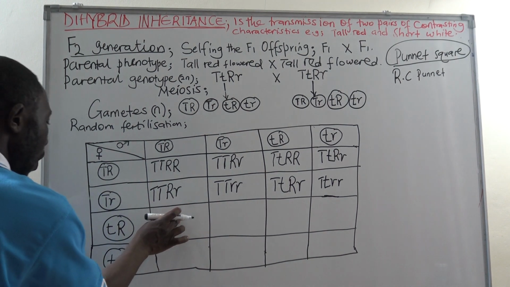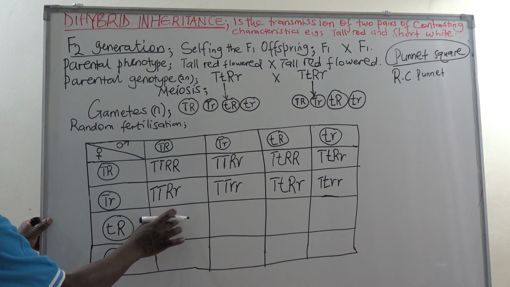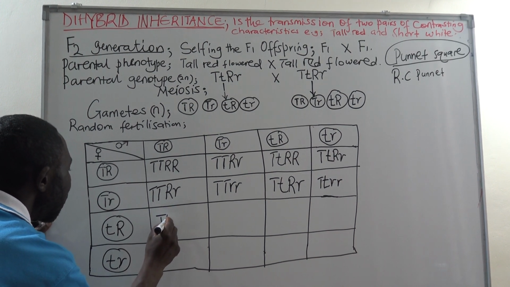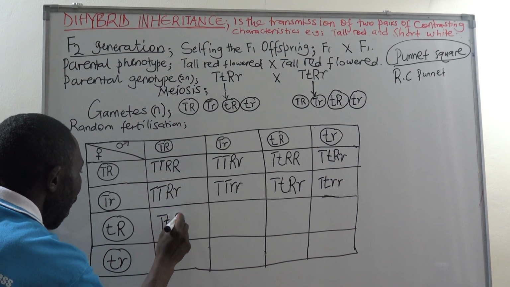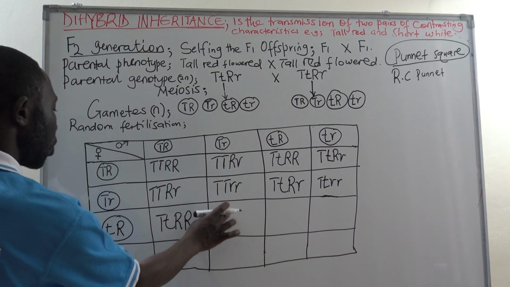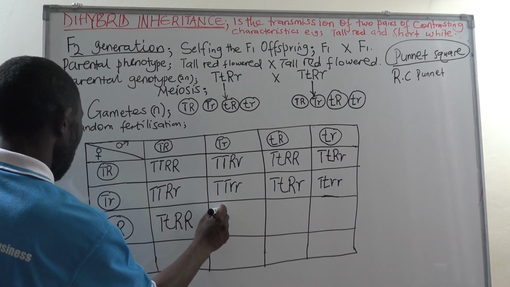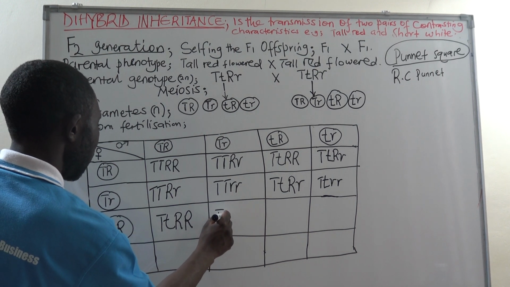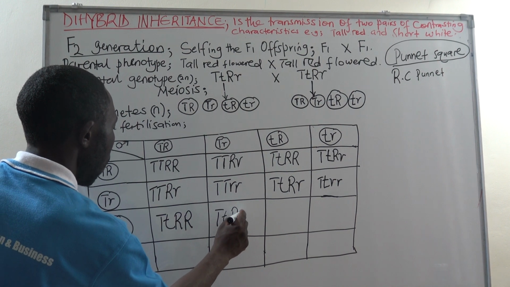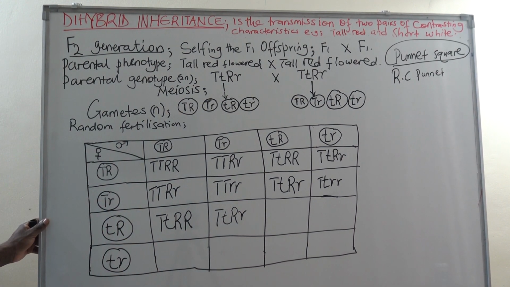Then here we shall have an offspring with genotype capital T, small t, capital R. This one here will give us capital T, small t, then capital R, small r.